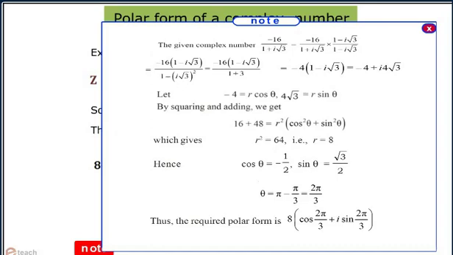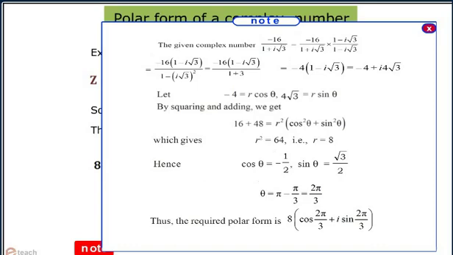Detailed solution. The given complex number, minus 16 by 1 plus iota times under root of 3, is equal to minus 16 by 1 plus iota times under root 3, into 1 minus iota times under root 3 by 1 minus iota times under root 3. We have just multiplied and divided this complex number by 1 minus iota times under root 3.